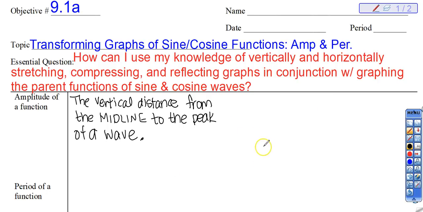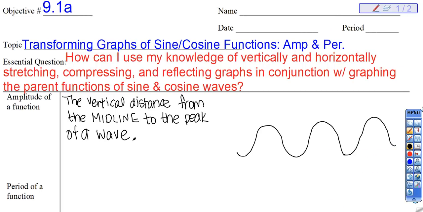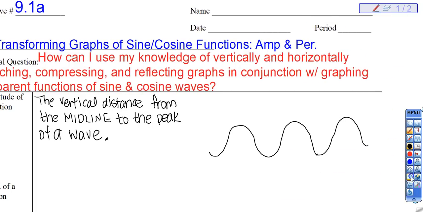So if we were to draw a wave, just draw a couple cycles of a wave. And let's put a midline in there. So a midline would just cut your wave in half.